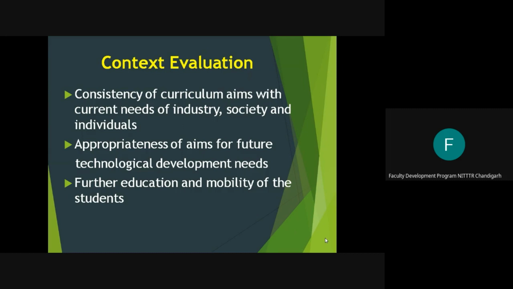So my friends, this is very appropriate: what we are focusing on at national level, what sort of technology is going to come in future, and whether my curriculum is catering to that future technological development. Maybe after 5G also, what is going to happen? So is my curriculum appropriate for future technological development or not?